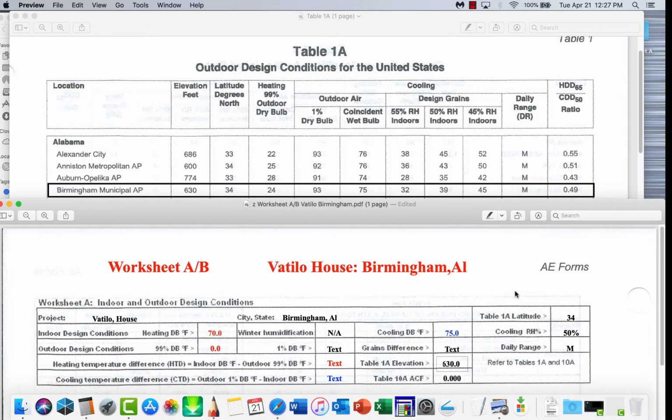Latitude north is going to go right here. It's 34 degrees above the equator. Heating, 99% outdoor dry bulb. Heating outdoor dry bulb, 99% is right here. So we're going to put 24 degrees. And our 1% dry bulb, which this should be cooling, is going to be 93.